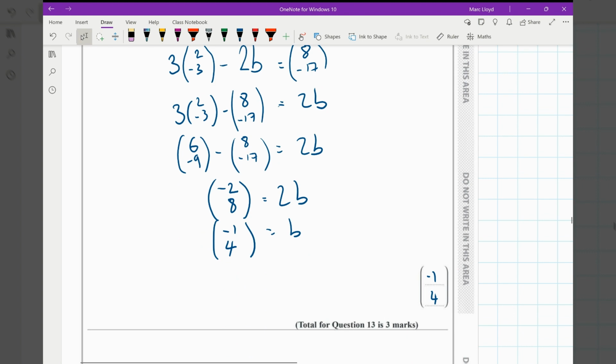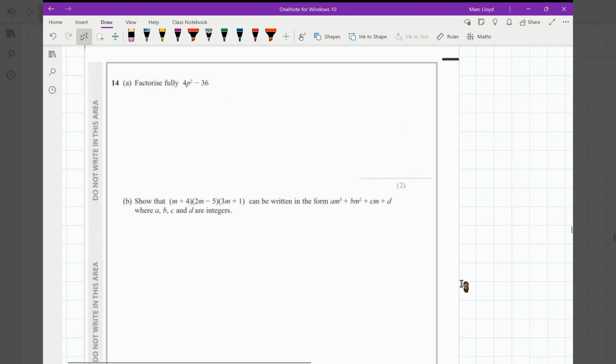Okay, question 14. So factorize fully. I've noticed something about this one. There's two big key things. First thing I can do is take out 4 from both of these two terms. So 4 open bracket p squared take away 9. Now both of these numbers are square numbers inside that bracket.